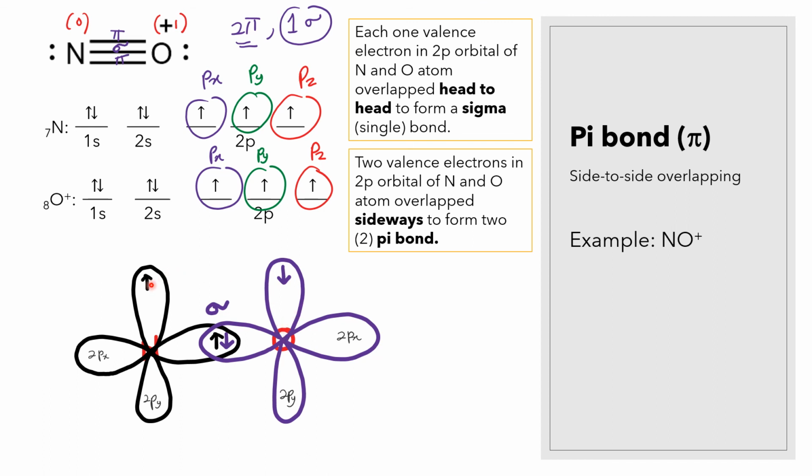And to show that they are overlapping secara sideways ataupun side to side untuk membentuk pi bonding, maka we have to connect these two orbitals dengan garisan atas dan bawah to show that they are actually overlapping secara sideways untuk membentuk satu pi bonding. And next will be the overlapping between 2pz of nitrogen and 2pz of oxygen plus.